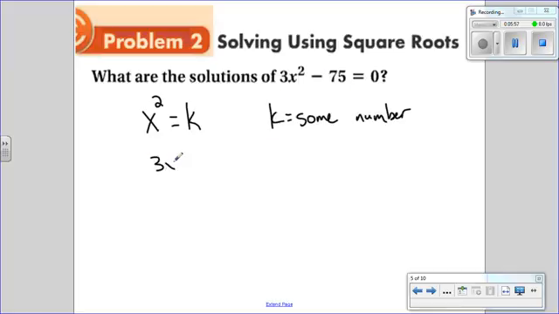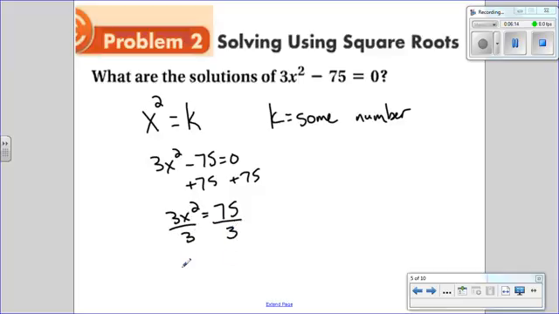So what we do is we take 3x squared minus 75 equals 0. And can we get it in this form where we have a 1x squared? Add 75 to both sides. So we have 3x squared equals 75. Divide by 3. And now we have x squared equals 25. So now it's in this form, a 1x squared equals some number.